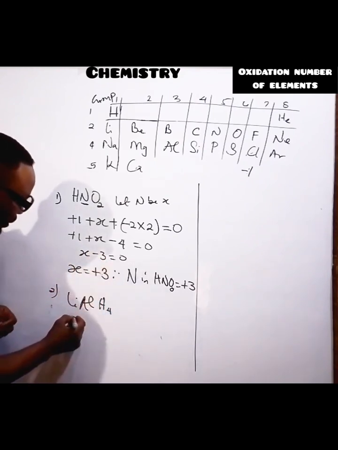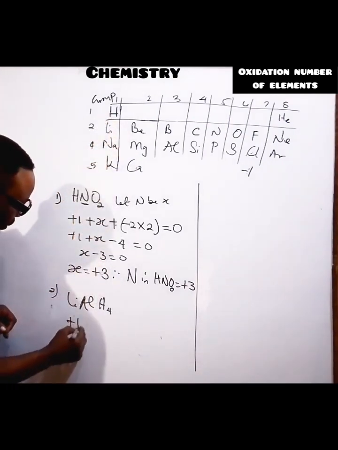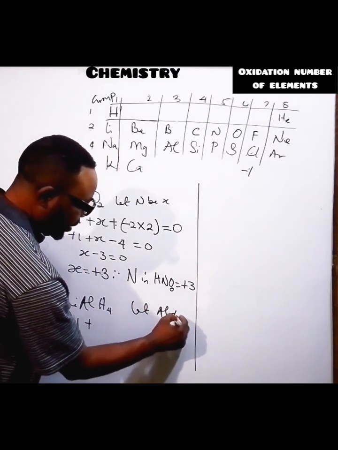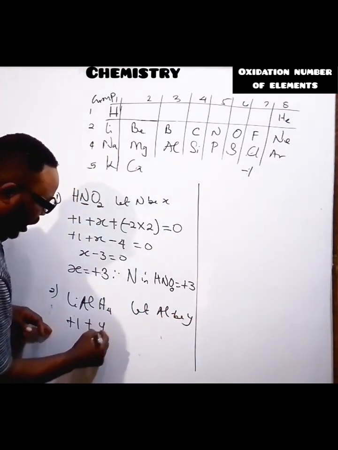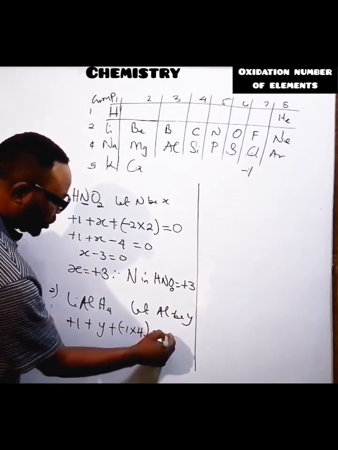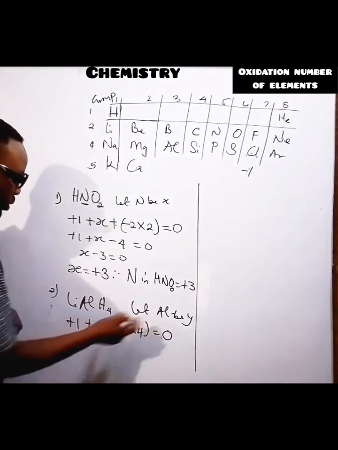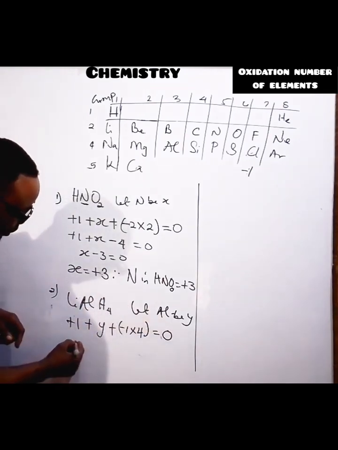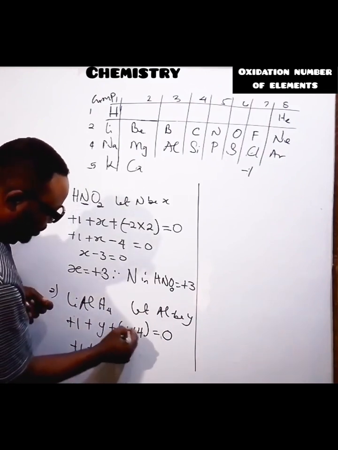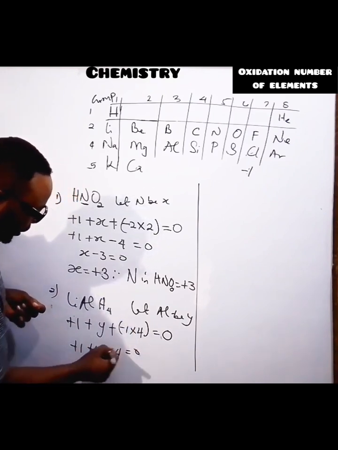So in this case, lithium here is +1 plus aluminium, let Al be Y, plus (-1 times 4) will be equal to 0. The summation of all the oxidation numbers will be equal to 0. So we have +1 plus Y, minus 1 times 4, which is -4, equal to 0. 1 minus 4, that's what?